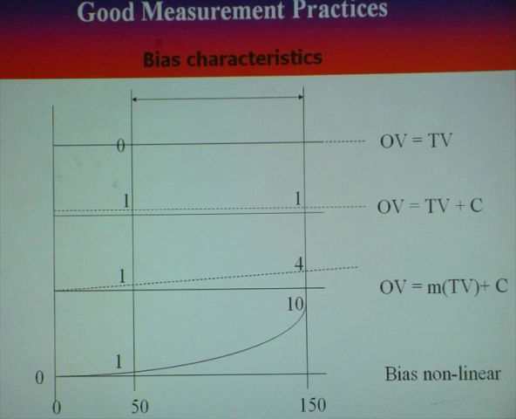It's a fixed bias. In the next, you see that at the lower end you have 1 unit, and at the upper end you have 4 units, and over the entire range the bias increases linearly. And in the last one, you see that the bias or offset at 50 is 1 unit and at 150 is 10 units, and the entire bias increases exponentially, non-linearly across the range.